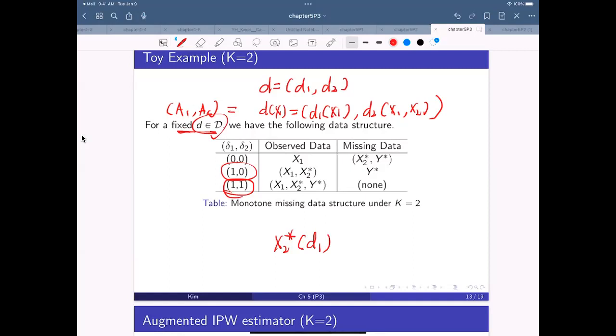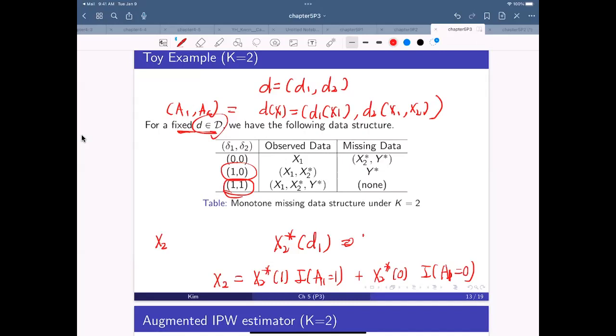But I know that my X2 is either X2 star 1 or X2 star 0, right?